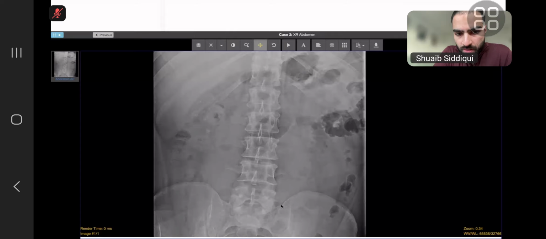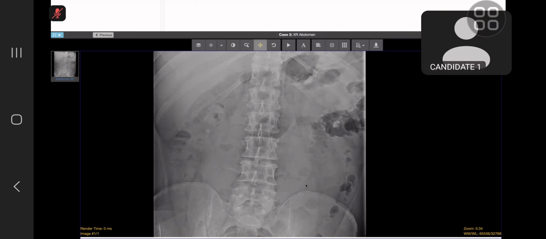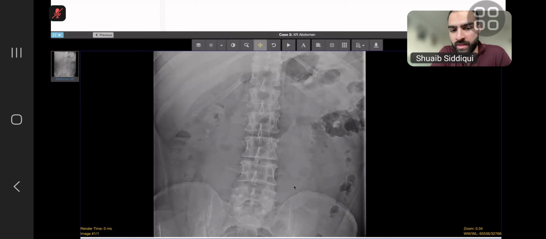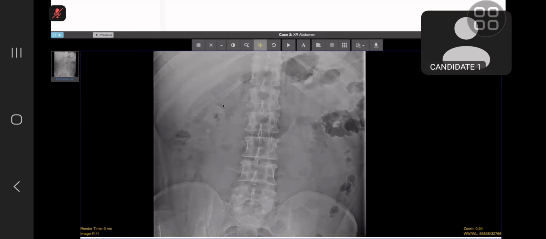Anything else you notice? No, sir. Okay, so you look through the notes, the patient has a history of flank pain specifically. There's evidence of a few small calcifications seen in the region of the right renal shadow.